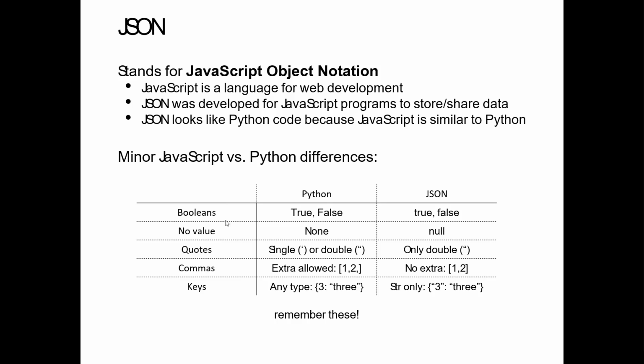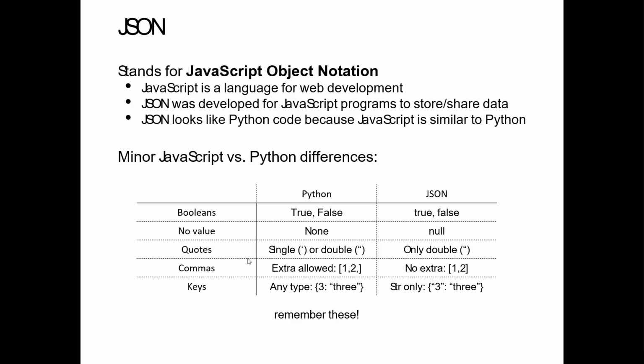First up, Booleans. In Python, it's capital T in True, capital F in False. In JSON, all lowercase. When we have no value, Python uses the capitalized None. Almost all other programming languages, including JSON and JavaScript, use null instead of the word None.